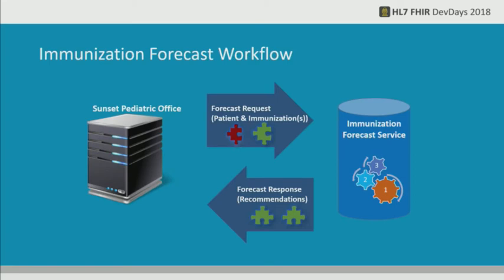So if you think about the workflow process here, I've got the pediatrician's office. They're going to do a forecast request, and this can be a FHIR operation. I'm going to send patient and immunizations as FHIR resource instances to a forecasting service, and the CDC here in the US has forecasting rules for immunizations. That sends the information back in the form of a forecast response, which is the recommendations.